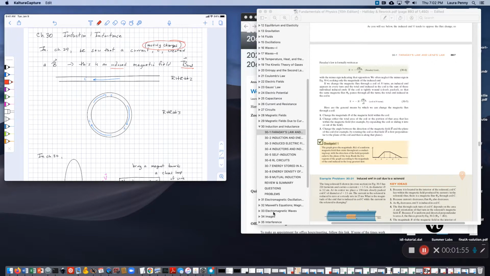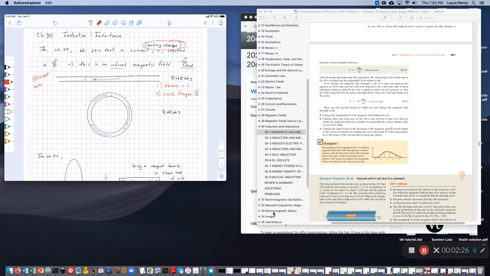And so what we did, this is still chapter 29, we said if we have a straight wire here, then we would get the direction of the magnetic field from right-hand rule 2, which is where we put our thumb in the current direction, and then we basically curl our fingers around for the magnetic field direction. So we'll call this the grab.